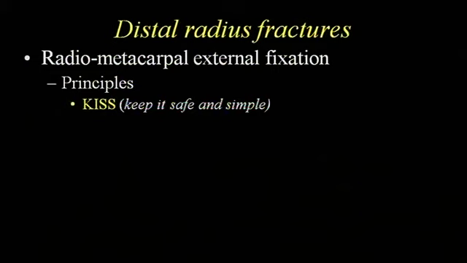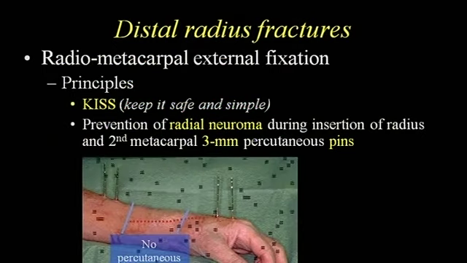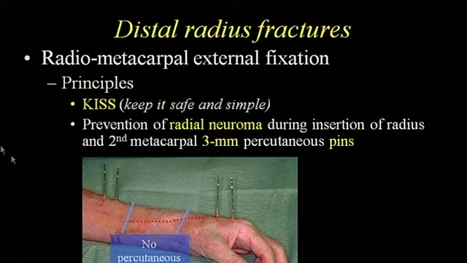The principles of external fixation: first, it is a KISS technique. I mean, keep it simple and safe. Second, you have to prevent the radial neuroma during careful insertion, proximal insertion of the radial pins. It is useful to do a postoperative CT scan to verify the quality of the reduction.